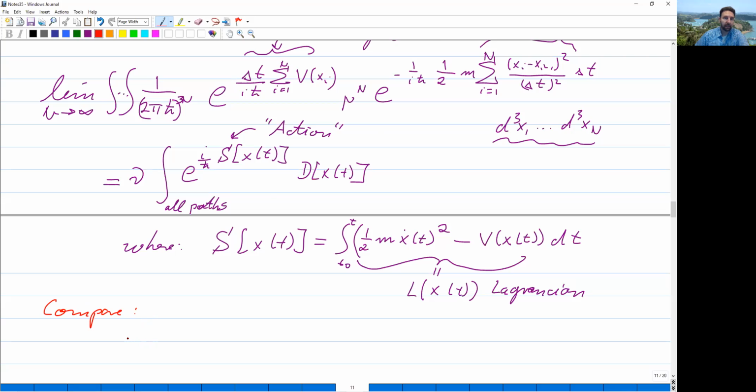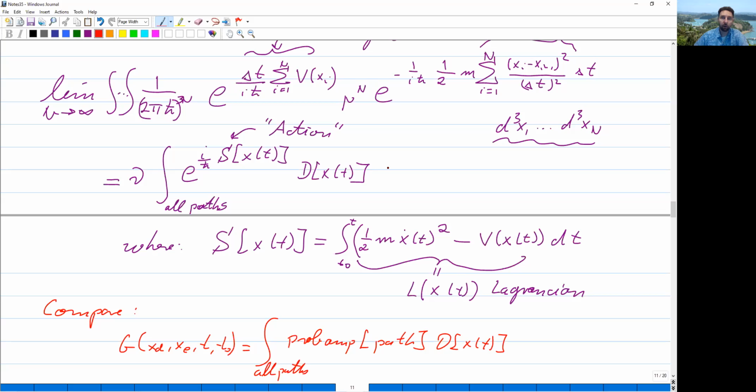We had that G(x, x₀; t, t₀) is the integral over all paths of the probability amplitudes of the path x(t).